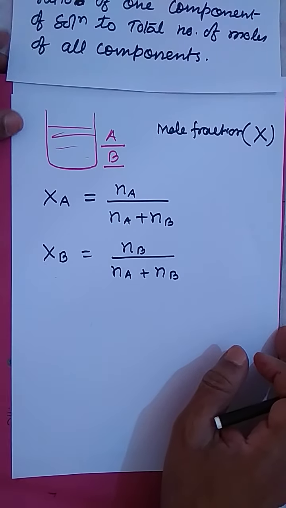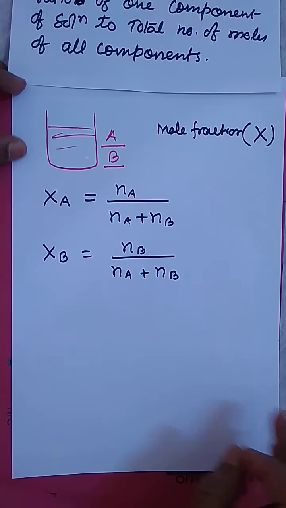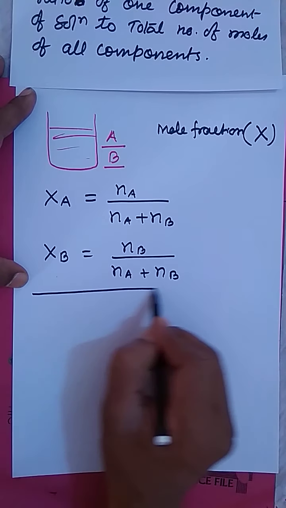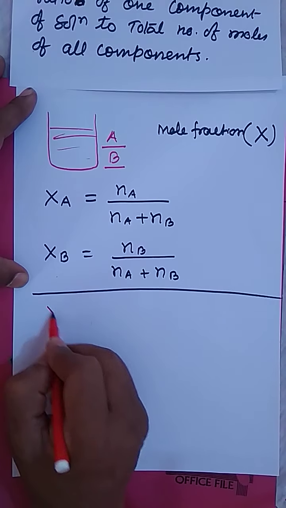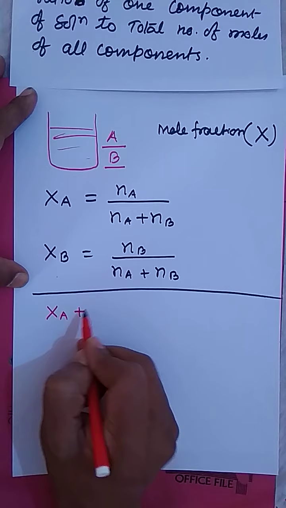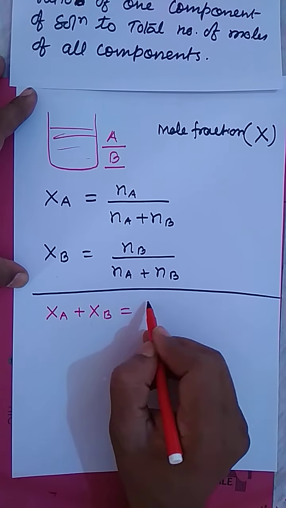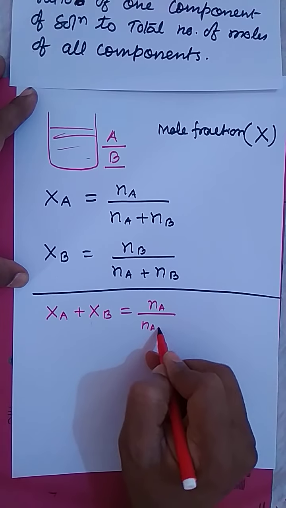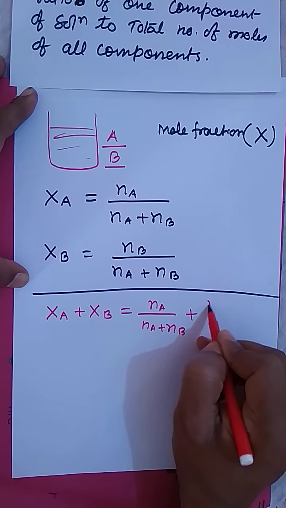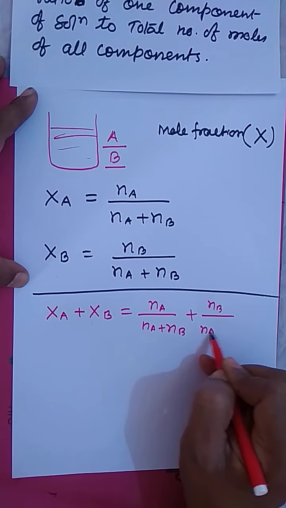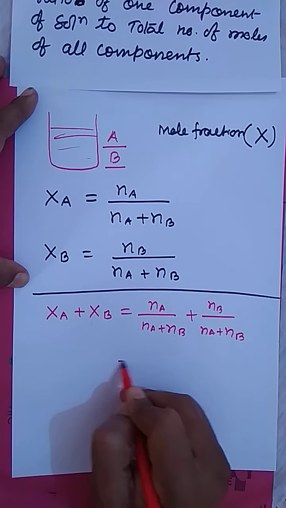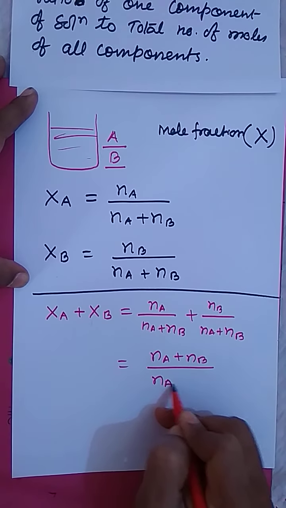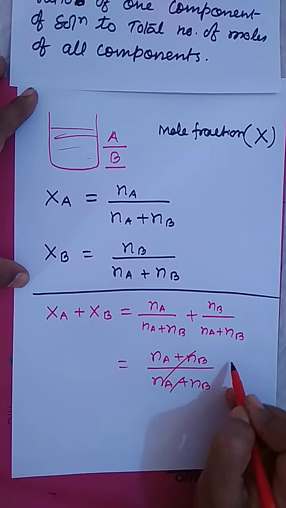Friends, it's very important for the solution chapter. You must remember and you must understand the concept of mole fraction. Now here, if we add XA plus XB, so definitely you will get 1. Na upon Na plus Nb, plus Nb upon Na plus Nb, and this is equal to Na plus Nb upon Na plus Nb. It cancels out.